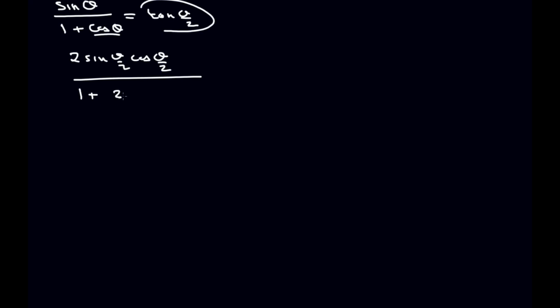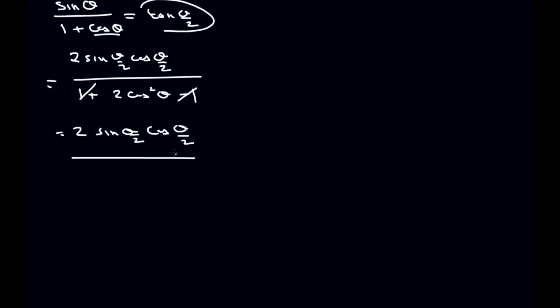So we'll say 2 cos squared theta over 2 minus 1, right? So I'll cancel these two. Then this becomes 2 sine theta over 2 cos theta over 2, right? Then I still divide with my 2 cos squared theta over 2, right?